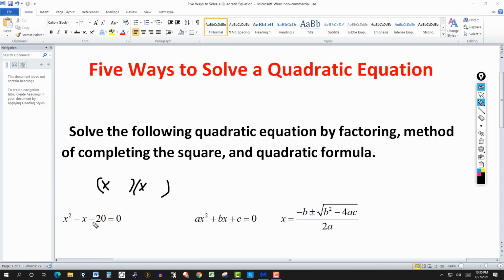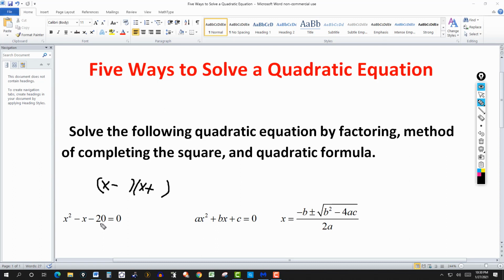So keep in mind that if the last term is negative, in this case minus 20, the factors here in the parentheses will be opposite. One will be positive, one will be negative. Okay. So I'll just put a minus here and a plus over here. Or it could be the other way around. Doesn't really matter since the coefficient of the x squared is 1.